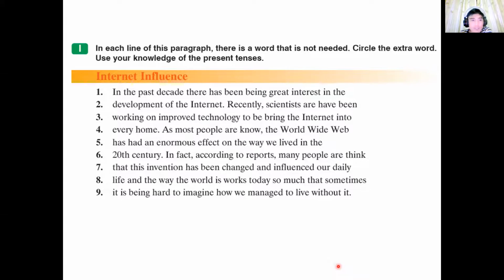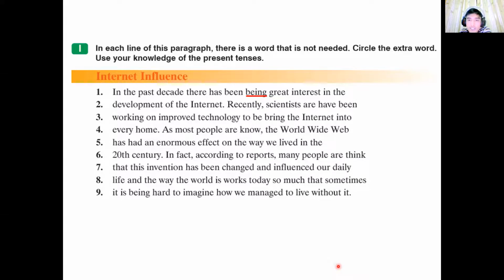Okay, number one. In the past decade, there has been being great interest in the. Okay, what do you think? Yes, being. In the past decade, there has been great interest in the development of the internet.